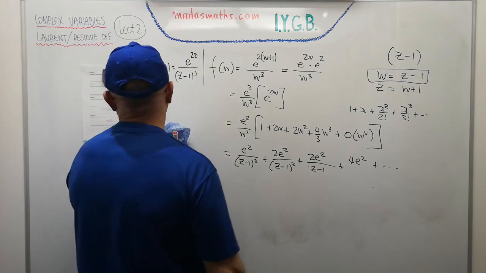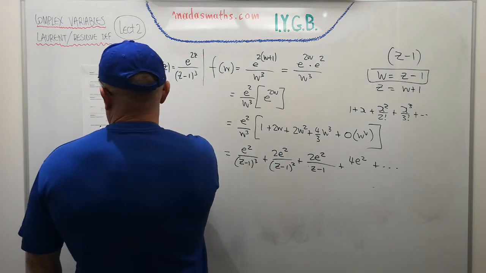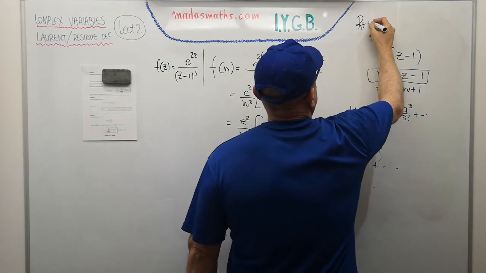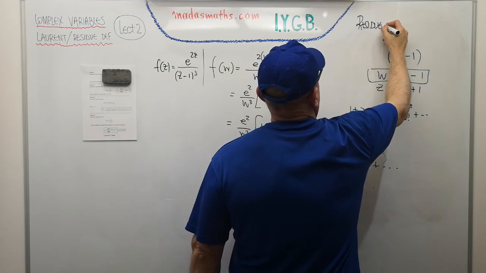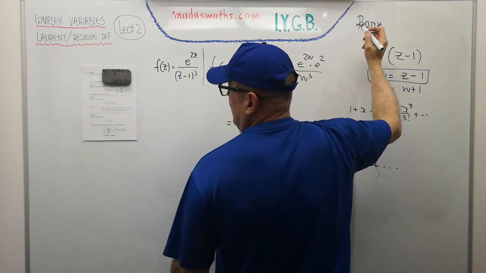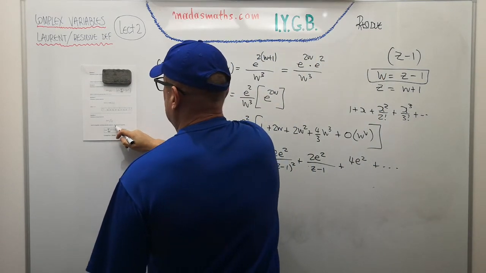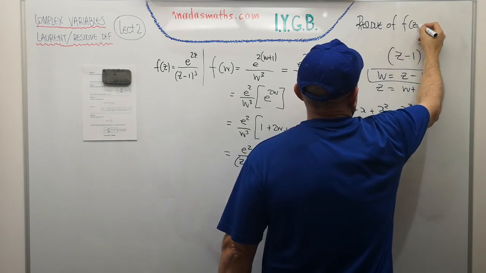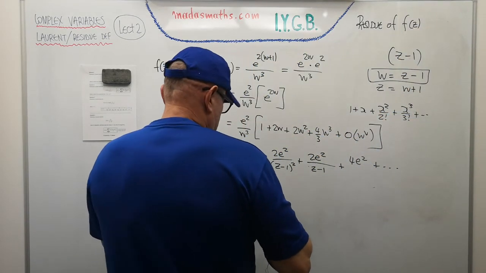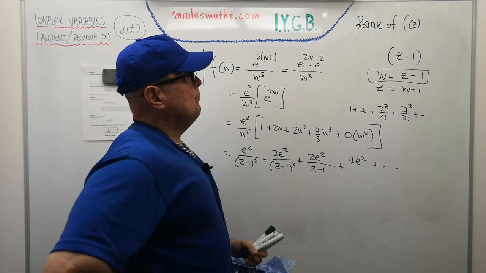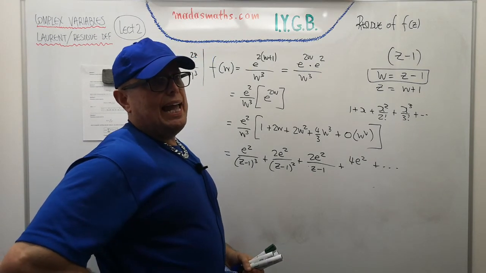And the thing is now, it says, hence state the residue. What is a residue? I don't know if I briefly mentioned it. We'll be using it a lot now in lectures to come. The residue of f of z about a singularity.